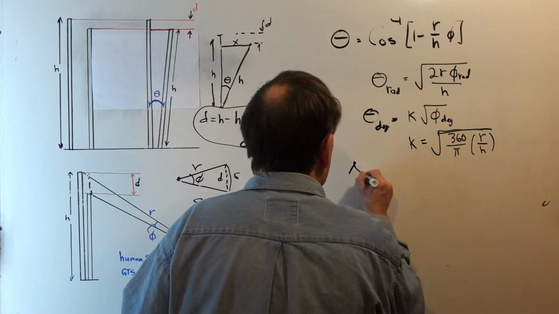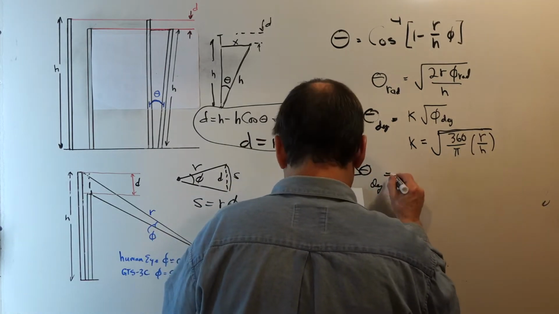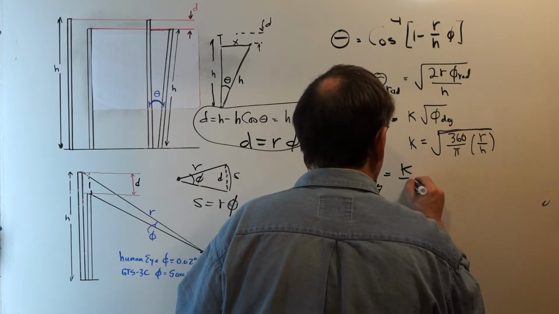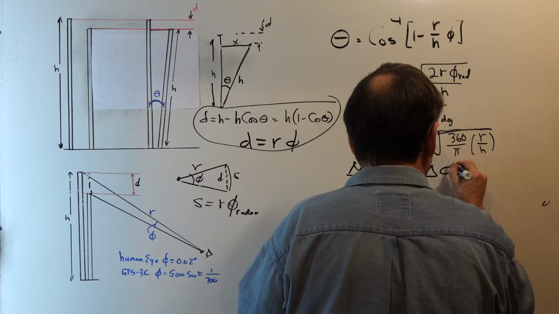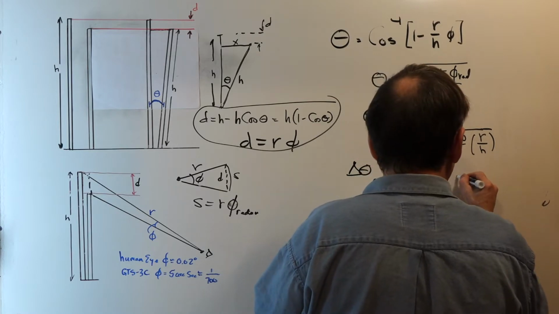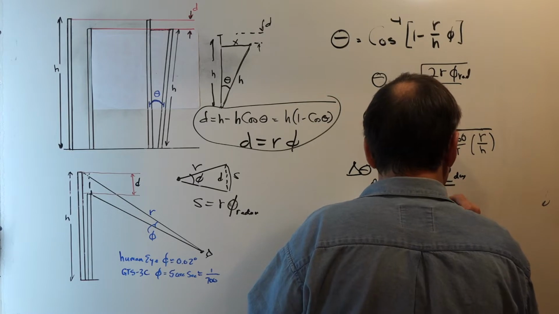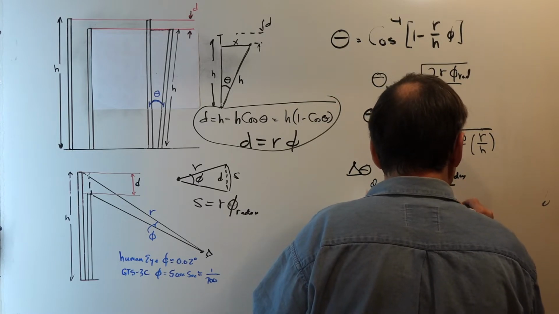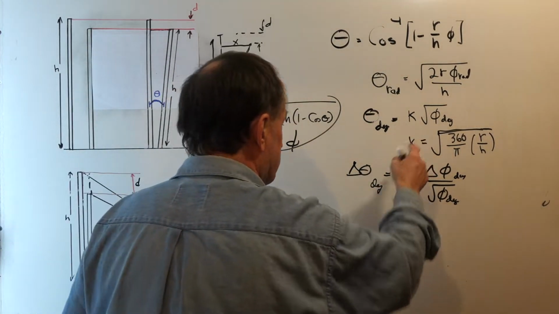So the uncertainty in theta in degrees is k over 2 times the uncertainty in phi divided by the square root of the measure of phi. And the k is the same as the k here.